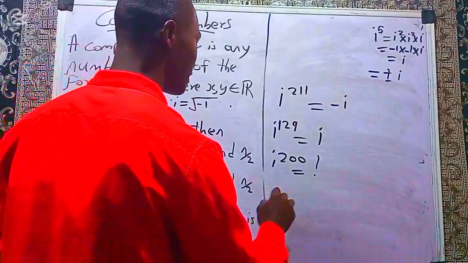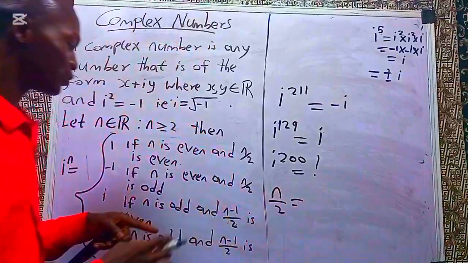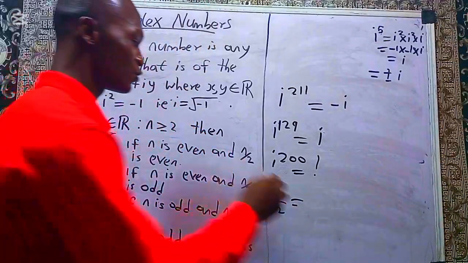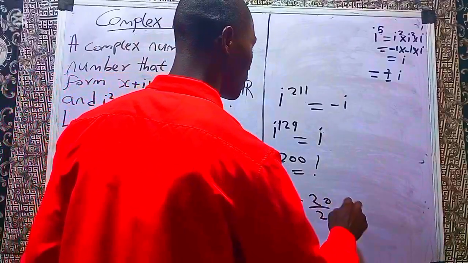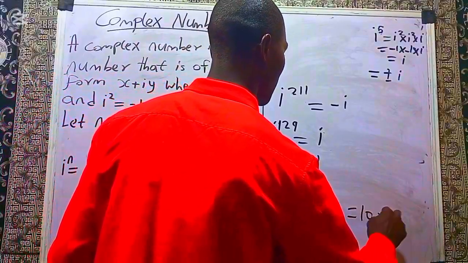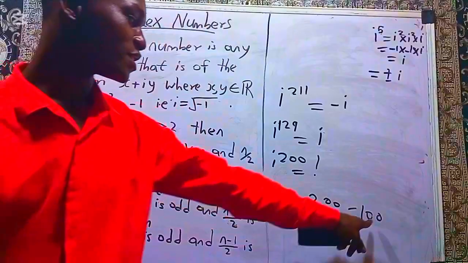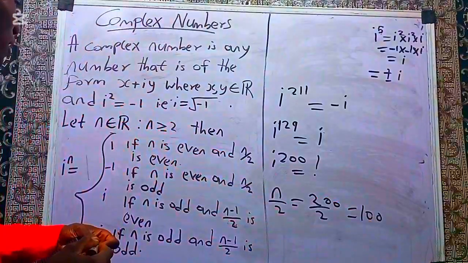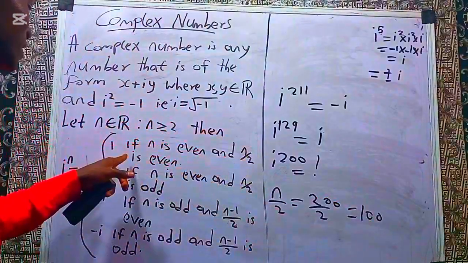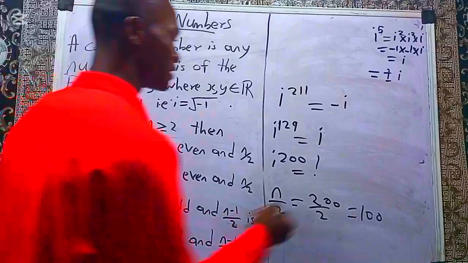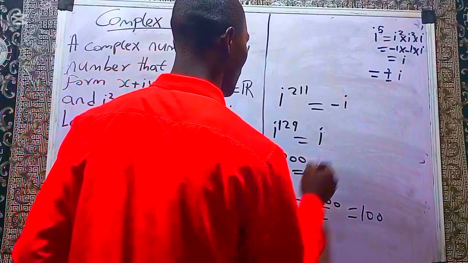Quickly, you now do n divided by 2 and check whether it will be even or odd. So 200 divided by 2 will give you 100. 100 is even since it ends with 0. So they told us if n is even and n divided by 2 is even, your answer will be 1. So i raised to the power 200 is 1.